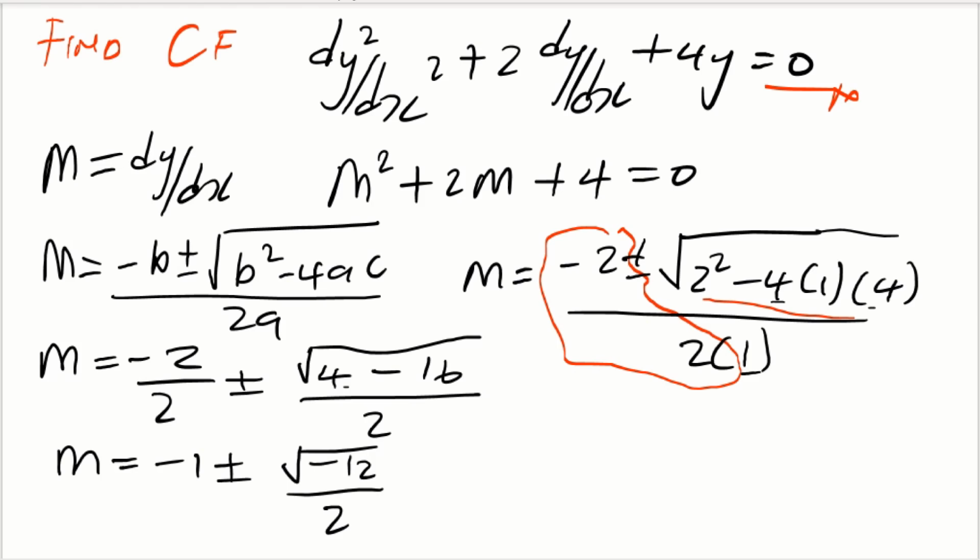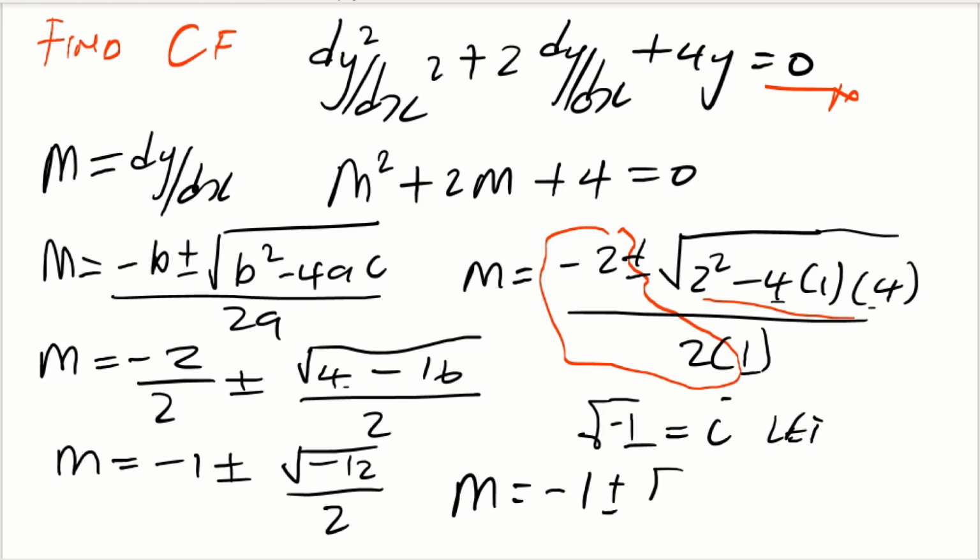After doing this, remember, the square root of a negative 1 equals i. This i means imaginary. So now let the square root of minus 1 equal i. In our case, the minus 12 is replaced like this, so m equals minus 1 plus or minus root 12 i divided by 2.